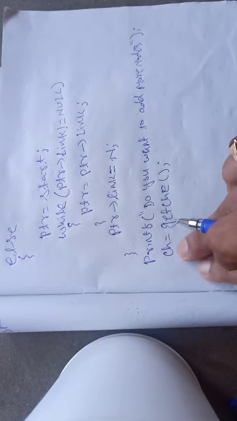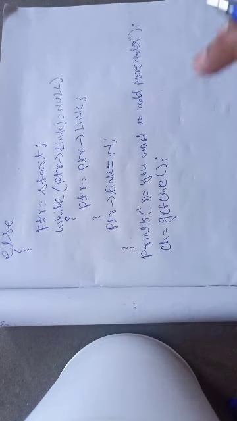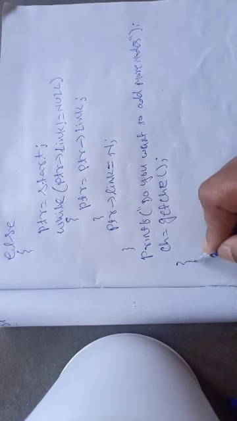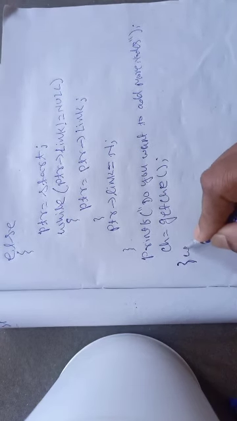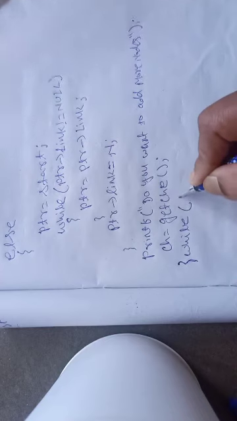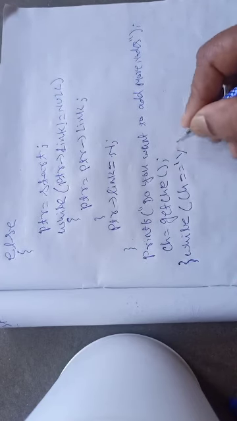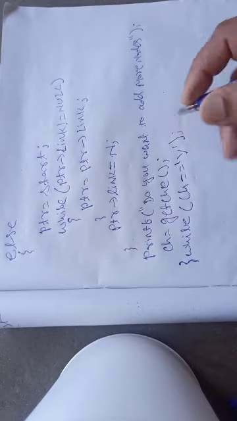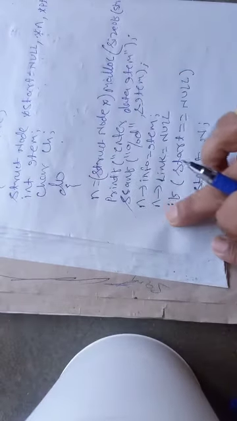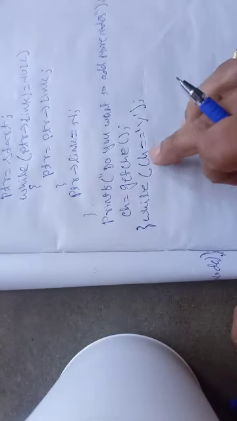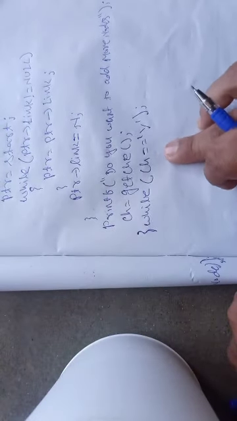So if the value of ch is y, my loop shall continue. That means I have to create some new node again. Now this is the end of the do loop. So I can write here while (ch == 'y'); So all these lines starting from here will continue as long as my choice value is y, means yes.